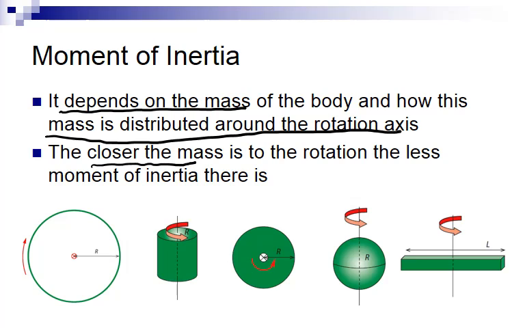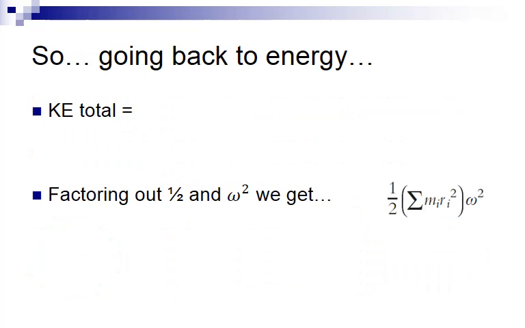And so, the skinnier the cylinder or the disk, the smaller the disk, the more compact it is. Or, the smaller the sphere, the more densely packed it is. The shorter the lever, all of that plays into the smaller amount of moment of inertia that's possible.